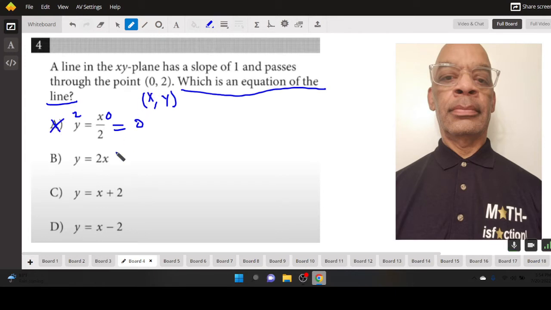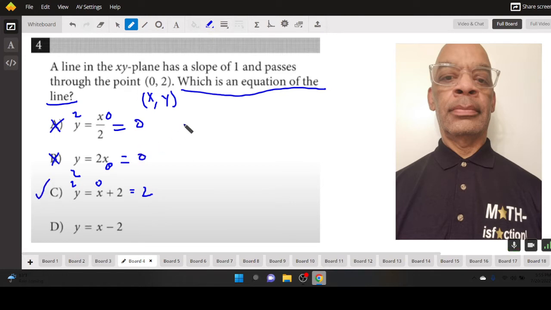Eliminating A. Put a 0 in for x. I'm also supposed to get a 2 for y, but I'm also going to get a 0. That eliminates B. Put a 0 in for x, get a 2 for y. 0 plus 2 is 2. Yes.